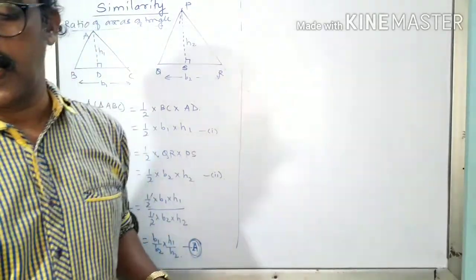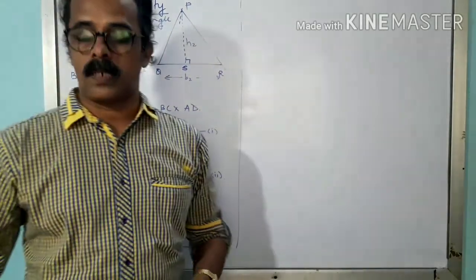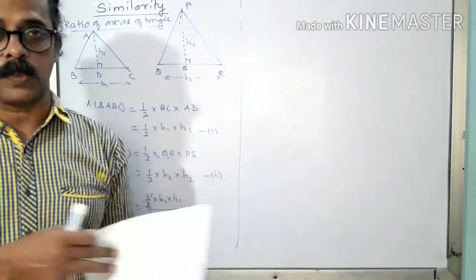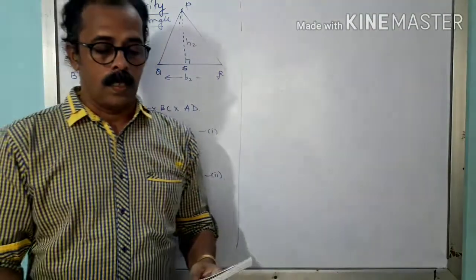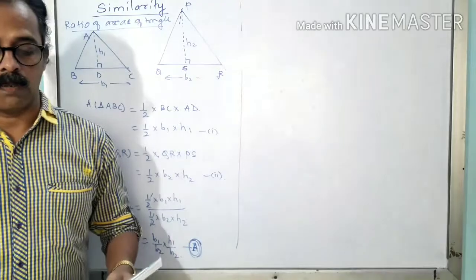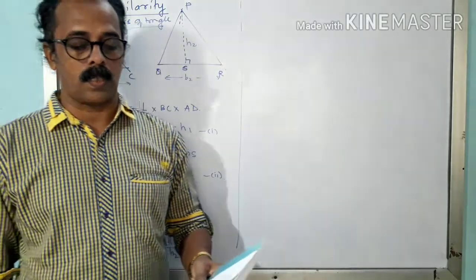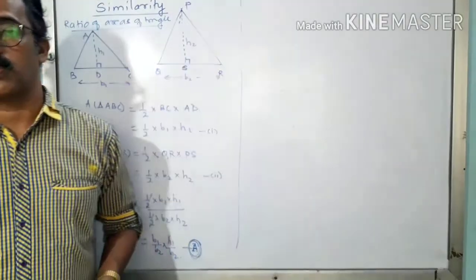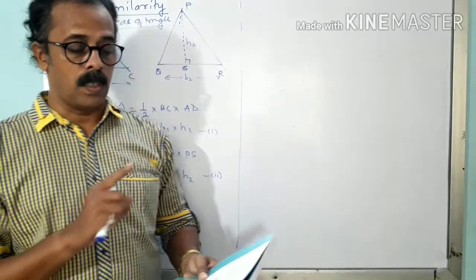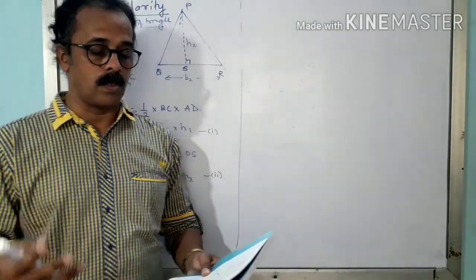Now I will read the conditions given in your textbook. The ratio of areas of two triangles is equal to the ratio of the product of their bases and corresponding heights. This is given on page number 2. That is a property you need to underline above condition 1.